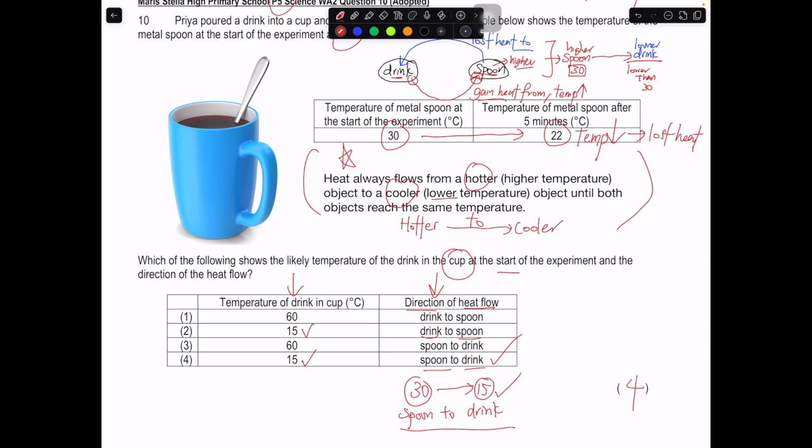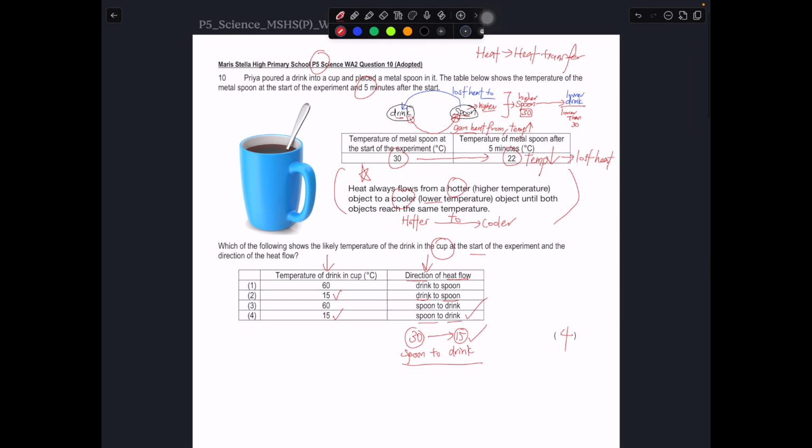4 is correct. And if you think about it very logically, if you have a hot drink and you place the spoon inside, you use your hand to touch it, you will feel hot. Then if this is a cold drink and your hand goes and touches it, you will feel cold.